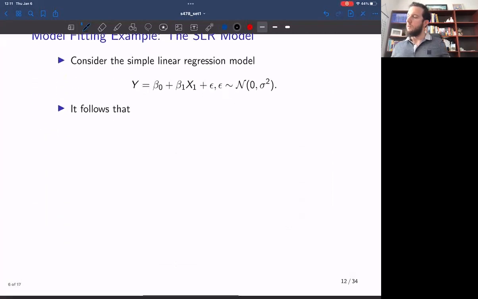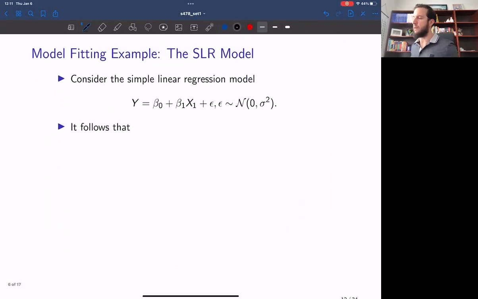Okay. So I was going to take you through an example of how the model fitting process for the SLR model would work. Again, this would just be a very general overview of how we would actually fit an SLR model if we had to do it by hand, for example.